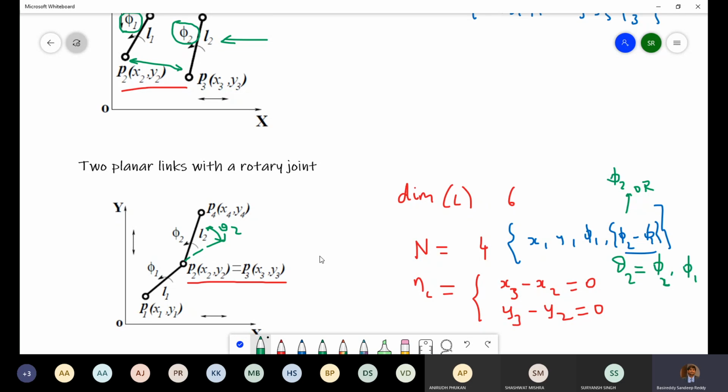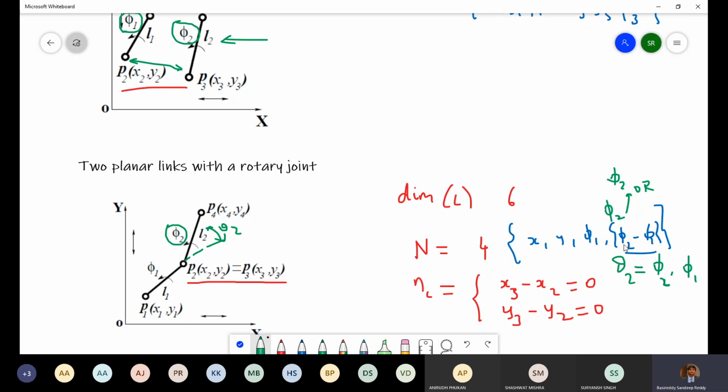It's a way of defining. I had originally defined phi 1 and phi 2 to be rotations of the links anywhere in the plane. So when we joined, then phi 2 minus phi 1 would describe the rotation of link 2 about link 1. That is why I have written phi 2 and phi 1. But if you want to take the phi 2 and phi 1 here to mean the same thing, that rotation about link 1, then yes, you will get only phi 2.